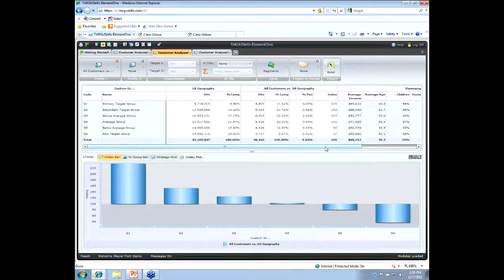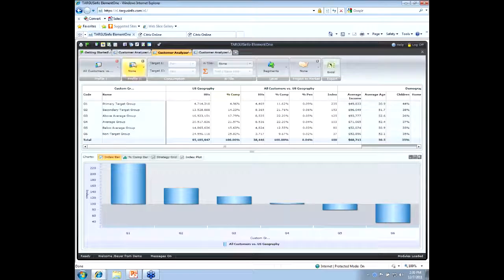And so once you're starting to get a picture of who's buying and prioritizing who to target, you want to start to go out and understand where the opportunities exist.